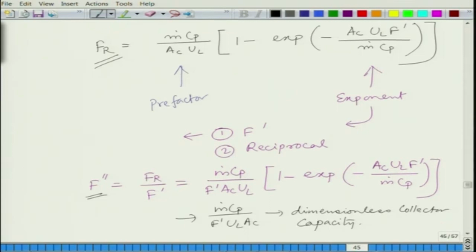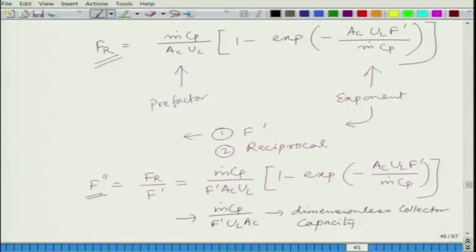So, it is important, now we have collected a few of these factors and also expressed useful heat gain with these factors. Now, it is important that we summarize them all together, otherwise it becomes difficult which factor relates to what.